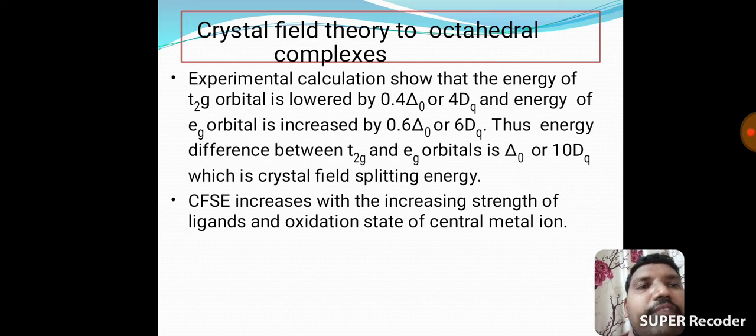The difference between t2g and eg orbitals is ΔO, which is called crystal field splitting energy.